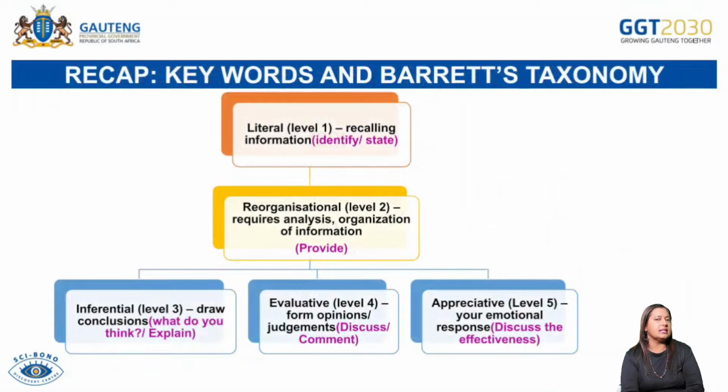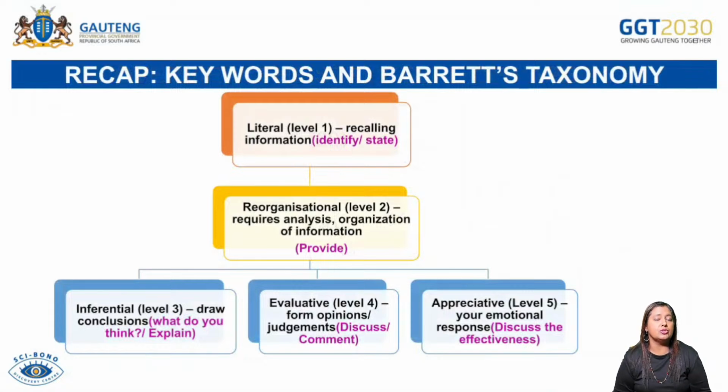At the second level, we're dealing with whether you can read something and organize the facts in a particular order, so we'll say provide evidence of this, for example. We don't get it very often, but there is that opportunity where we can test your reorganization skills.